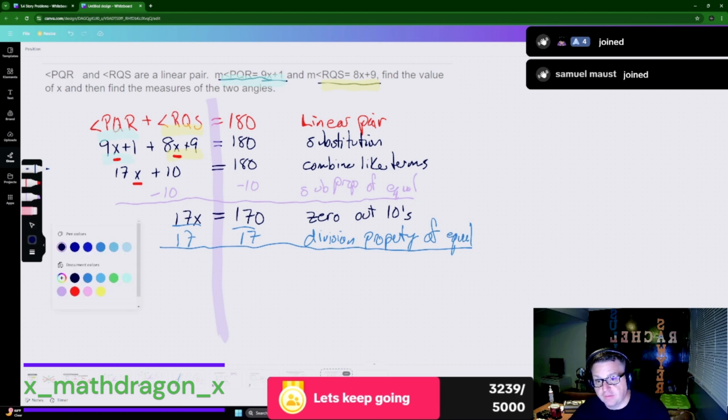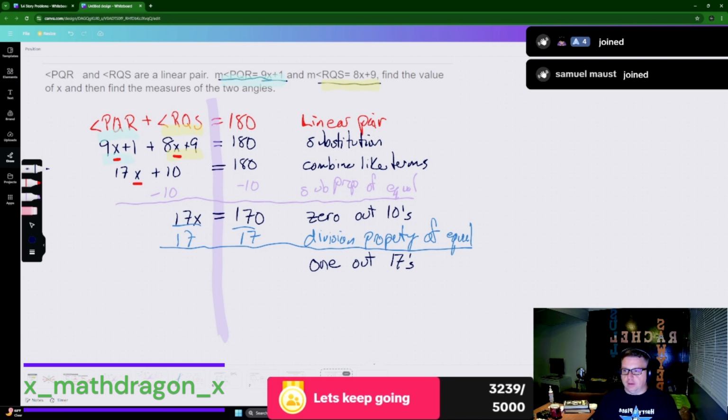What happens to the 17s? They won each other out. I don't want to say cancel. I hate the word cancel because it's used for too many things. They won each other out. And then 17 divided by 17 is 1, and we still have a 0. So x equals 10.